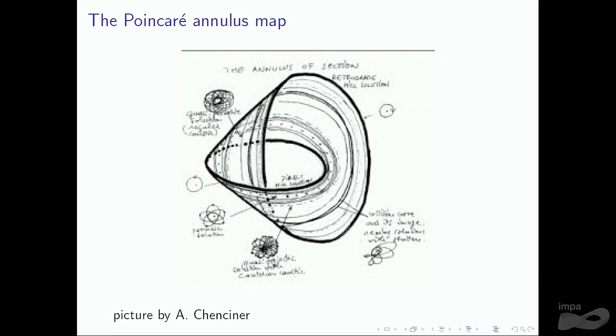And Poincaré, in that first paper that I mentioned, gave a sketch of a proof. He said that maybe he wouldn't have time to finish the proof of that theorem. And so he gave some ideas on how to prove it.